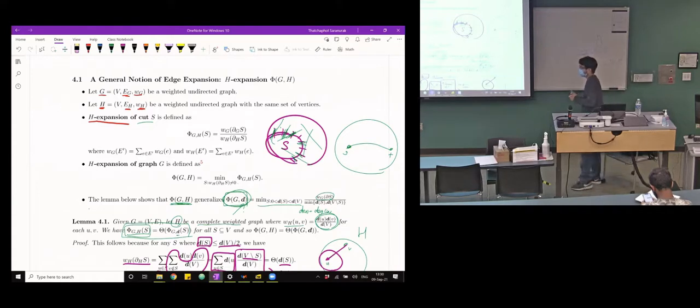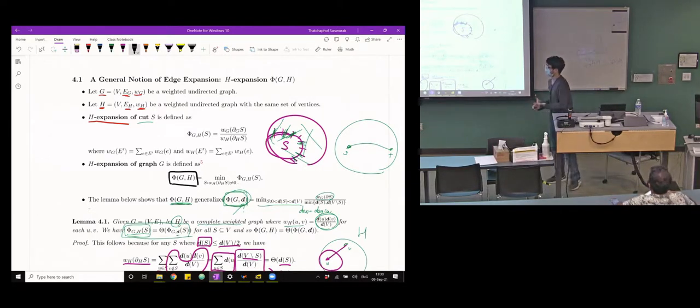Okay, let's start. So today I will continue talking about how to approximate conductance. Just to recall, last time we defined the generalized notion of conductance, which we call H expansion.